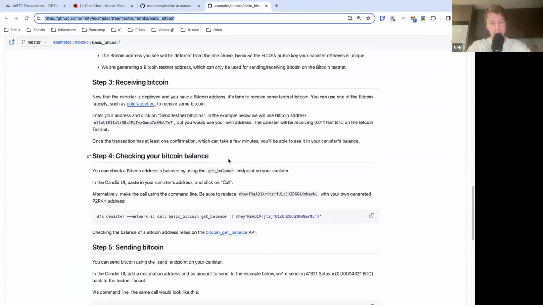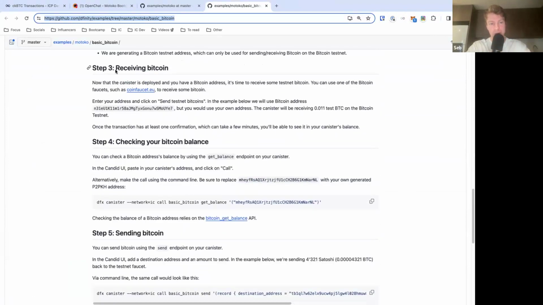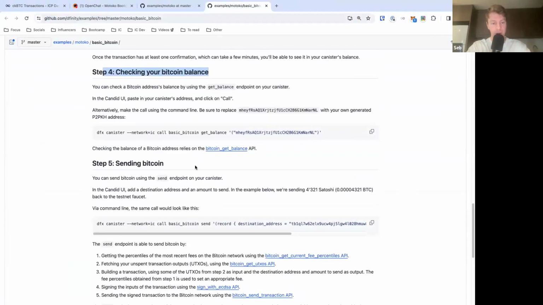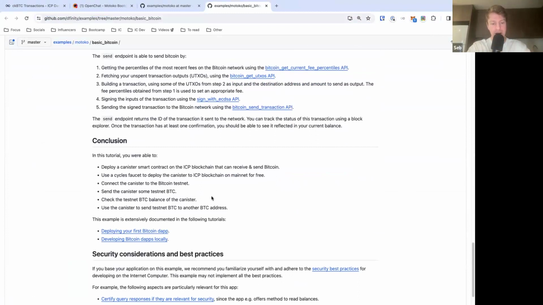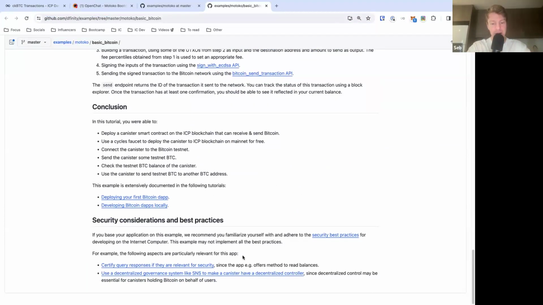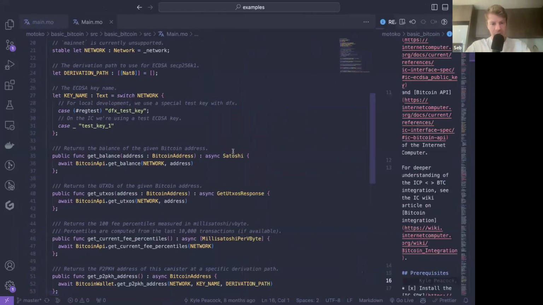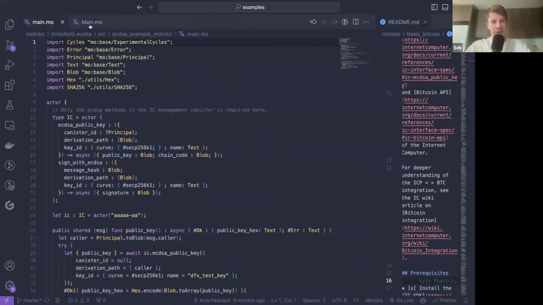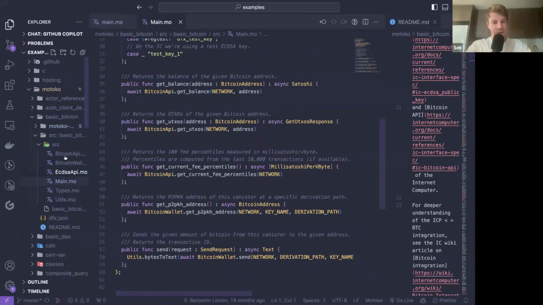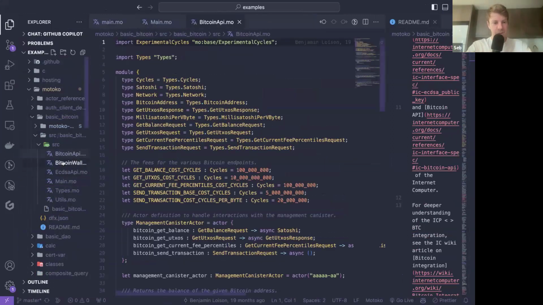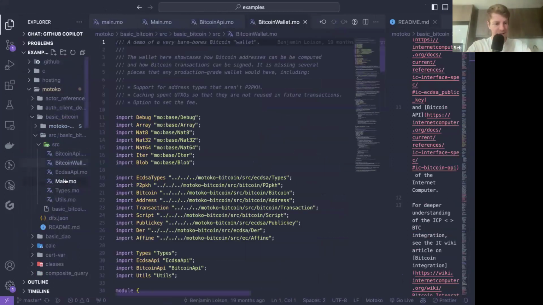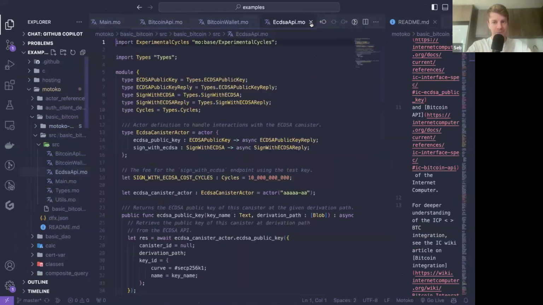So we need to use the Bitcoin testnet, but you will be able to receive and send Bitcoin. So if you want to take a look at it, that's what it would look like. Now we can take a look at the code. If you're not familiar with Bitcoin, it might be a little bit overwhelming.